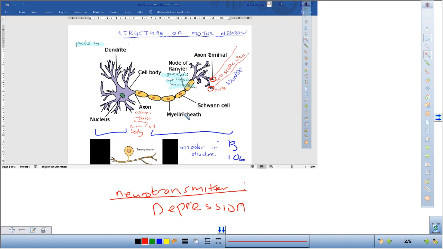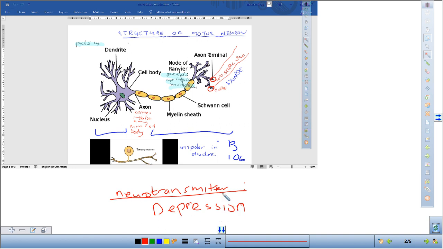If the neurotransmitter is released too late or insufficiently, it will not cause the impulse to jump through the node of Ranvier, through the terminal branch, through the synaptic gap, and make synaptic contact with the next neuron. And that physiological state is called depression.